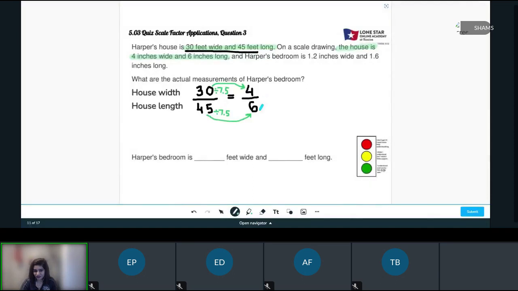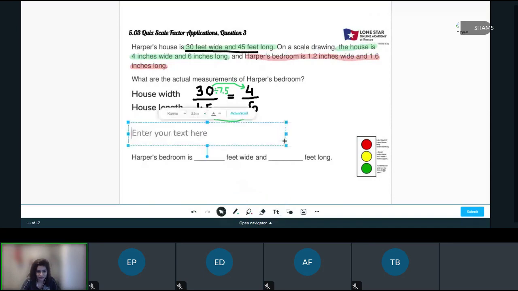Now let's read further the question. The question says, Harper's room is 1.2 inch wide and 1.6 inch long. Now inches tell me that they're talking about the map. So let's write down about his bedroom. Bedroom's width to bedroom's length.